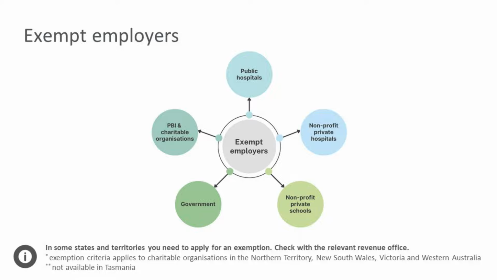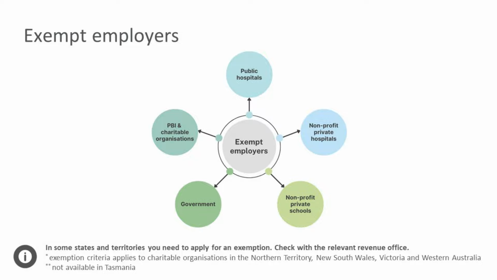Exemptions for payroll tax purposes are provided for public, benevolent and charitable organisations, public hospitals, non-profit private hospitals, non-profit private schools, and government, including governors, foreign representatives, staff, and some activities of local councils.